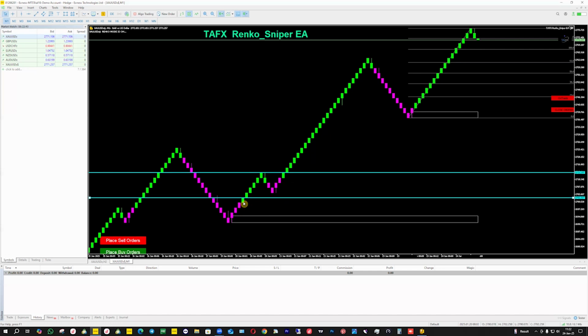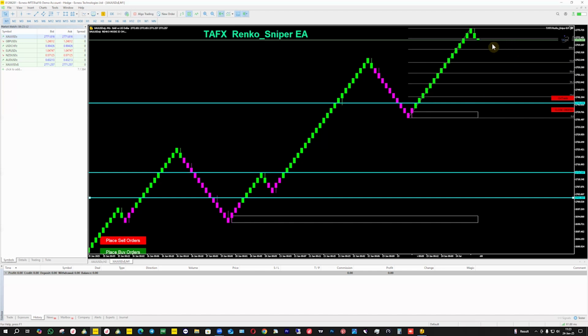So it will jump only one brick, then signal, again jump one brick. After that brick has closed with a buy or a golden color, that is where it will enter the market. So another signal is here. All right, you can see here the market was consolidating, waited for 1, 2, 3 bricks, 1, 2, 3, 4 bricks before entry, 1, 2, then another entry.